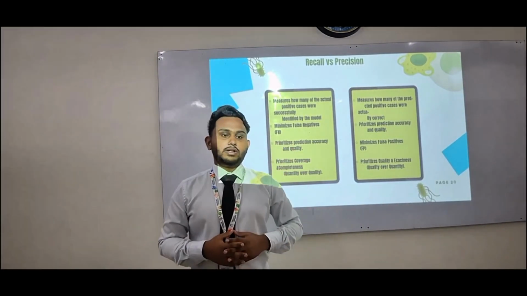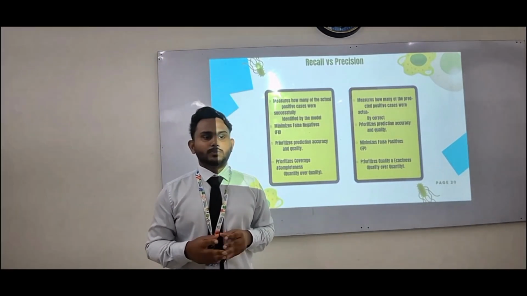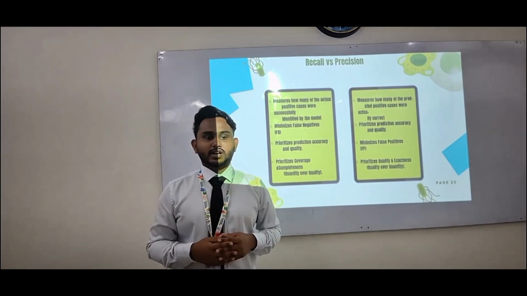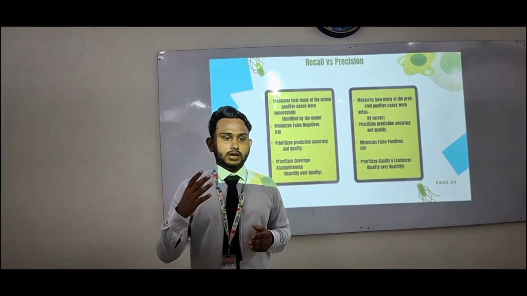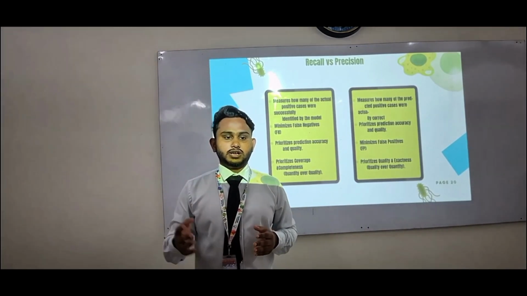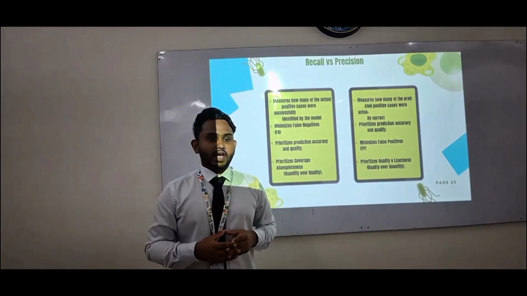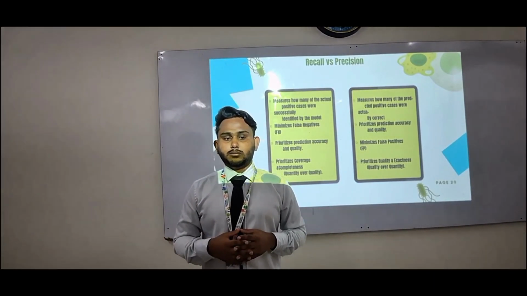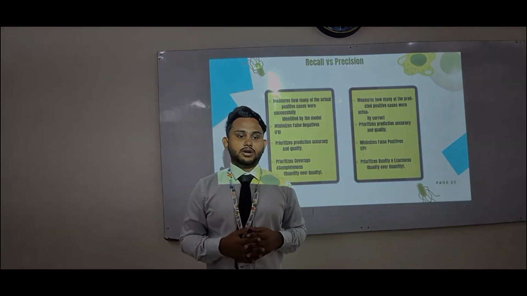Precision measures how many of the predicted positive cases are actually correct. It minimizes false positives and prioritizes quality and exactness, or quality over quantity. Both are essential for ensuring high prediction accuracy and quality in biological models. That concludes my presentation. Thank you all for your attention.